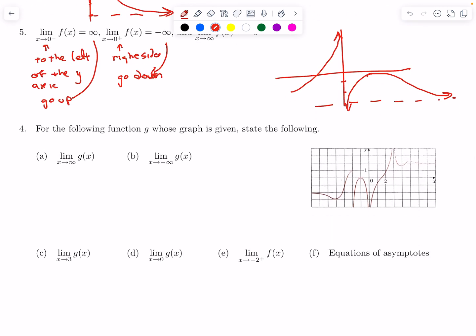All right, now this one, unfortunately, the copy didn't look very good. It got faded. Okay, limit as x goes to infinity, the height is 2. Limit as x goes towards negative infinity, that height levels off towards a height of negative 2.